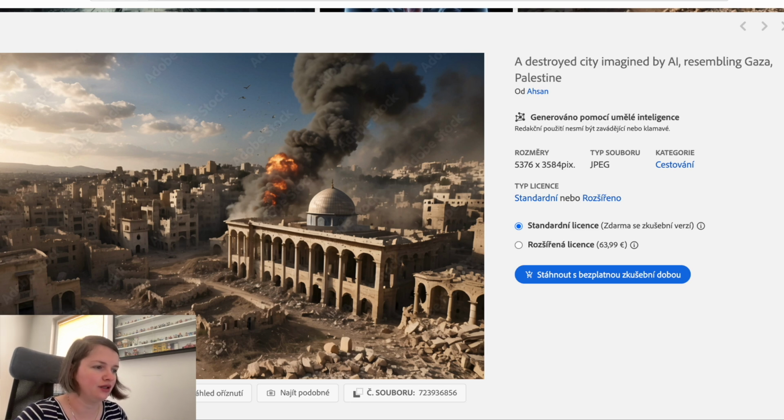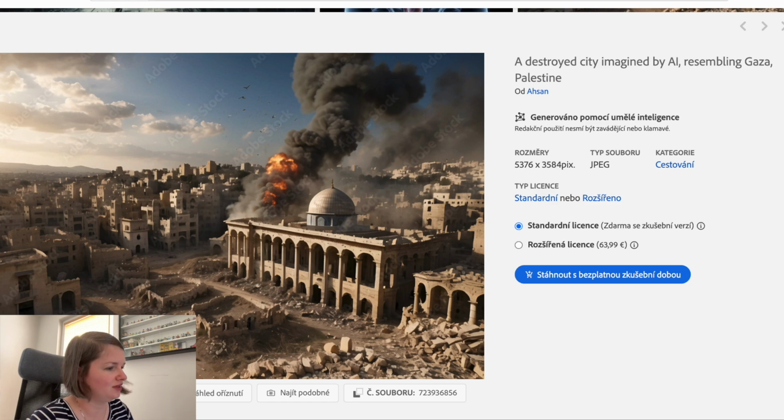And then somebody might complain to Adobe. Even though you said it's not Gaza, it's resembling Gaza, if it was misused by the client, you can potentially get banned by Adobe. I would just stay away from it.